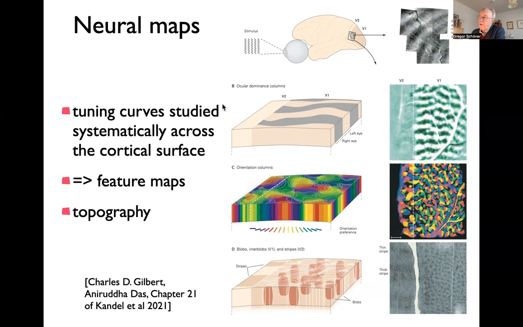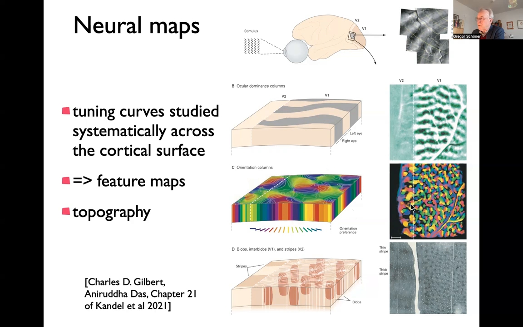If you look at other parameters, like which eye primarily drives neurons, you find that there's also some regularity, that there are certain stripes where it's mostly driven by one eye and stripes where it's mostly driven by the other eye. Or here, what we just looked at, if you plot which orientation of the bar most effectively drives neurons in these different locations across the cortical surface, you see a regular arrangement.